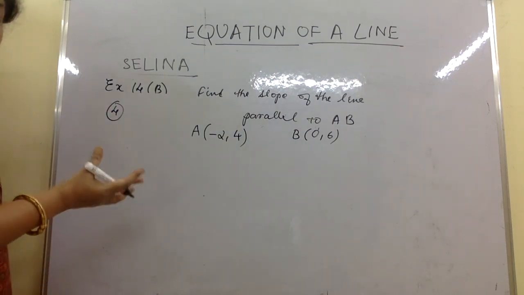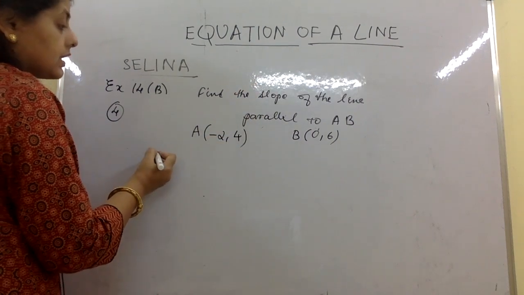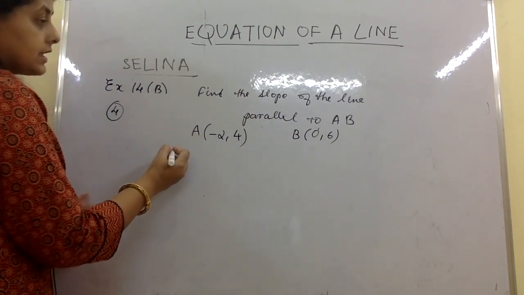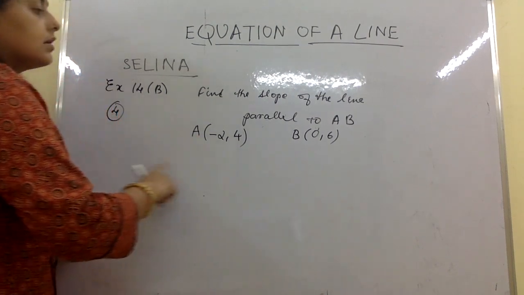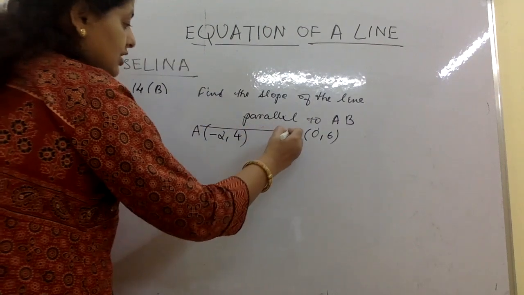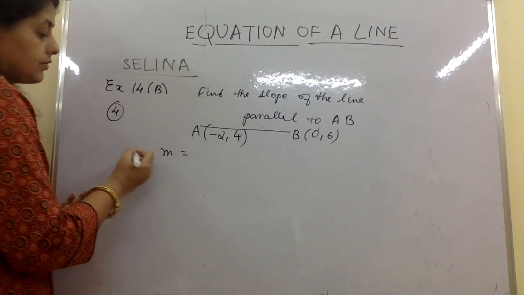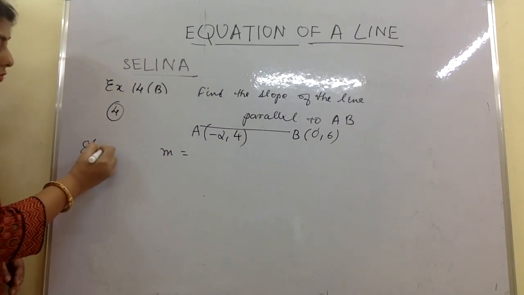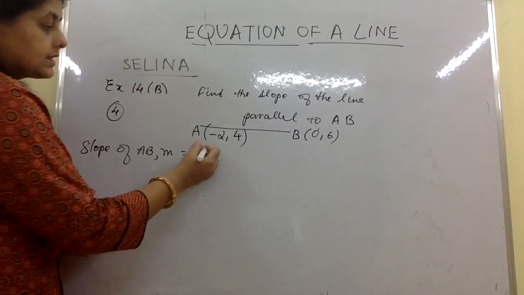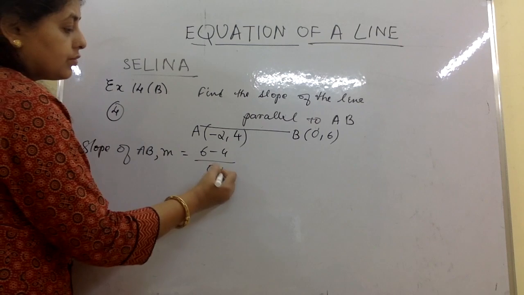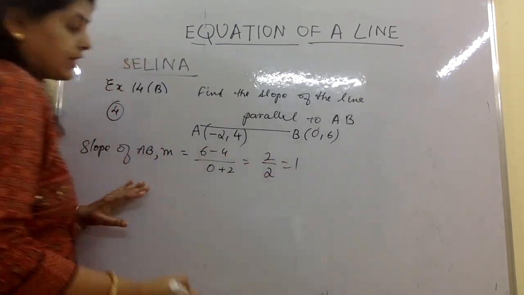Find the slope of the line parallel to AB. Now for AB, they have given us the points. So if it is parallel to AB, it means the line joining A and B. We have to find the slope of that line. So the slope of AB, that is m, is 6 minus 4 over 0 plus 2, that is 2 by 2, which is 1.